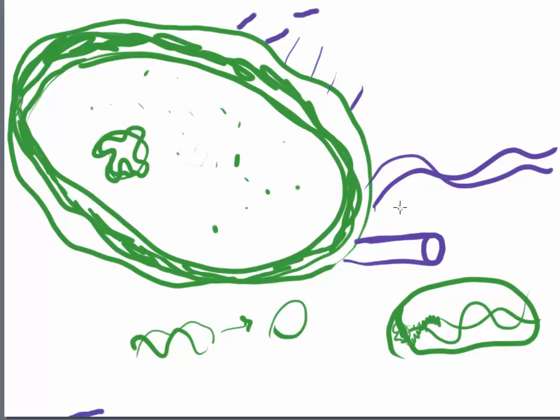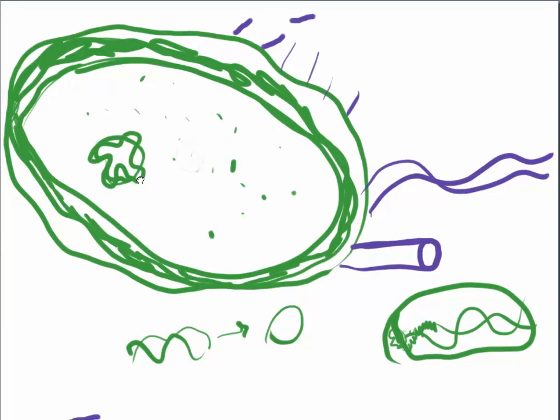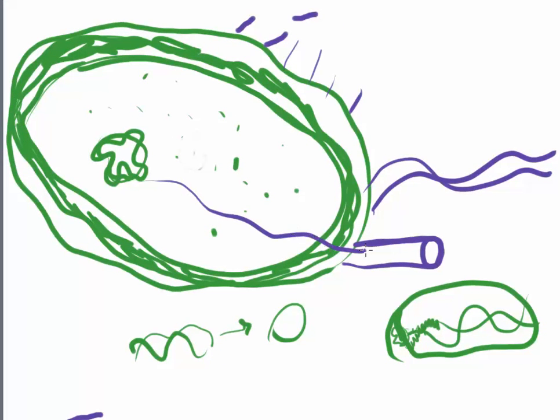Some cells can create these if they find a partner, a good match cell, called a recipient cell. This original cell will create this pilus and puncture a hole into the recipient cell. Then this pilus becomes like a tunnel for DNA to pass through from one cell to the other. So it becomes kind of a little DNA exchange tunnel.